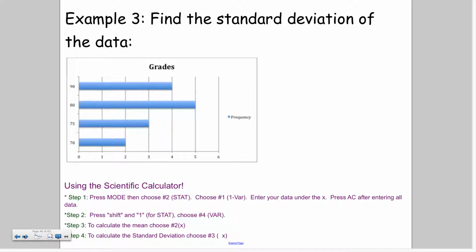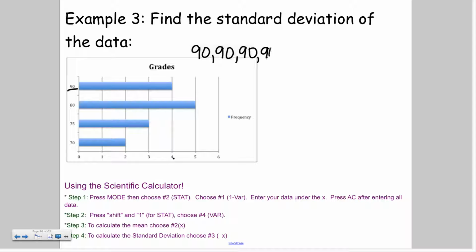All right, the next one looks a little bit different. We have a bar graph, but it's exactly like what we've been doing. The only thing is it's in bars. If you look at 90, how many grades are at a 90? We have 4: 1, 2, 3, 4.